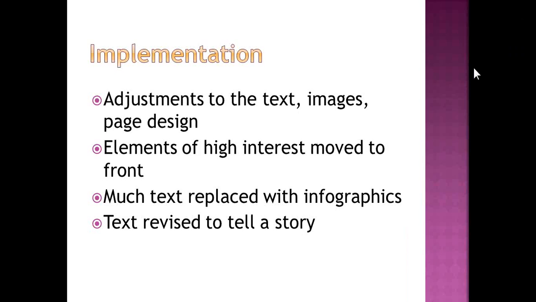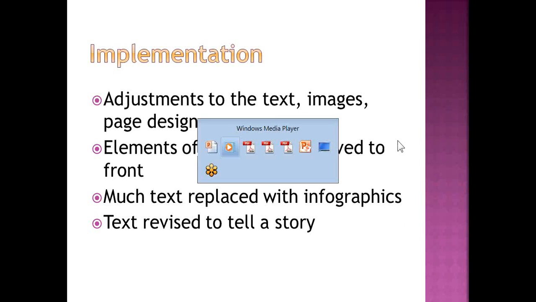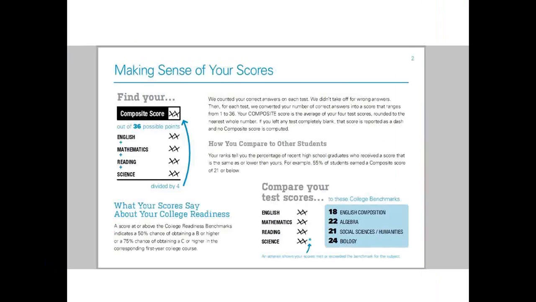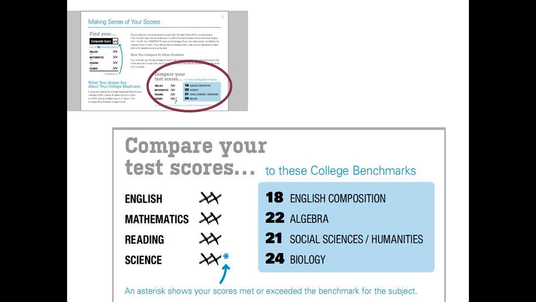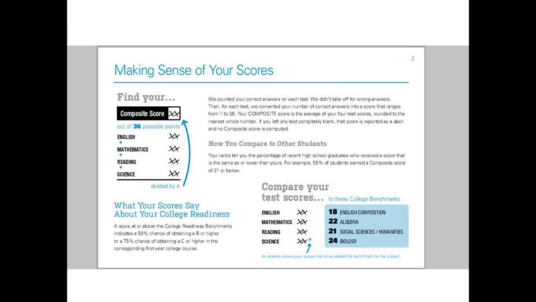So just to show a little bit of where we went in terms of the visuals, I decided to go with some infographics that would take the place of much of the text, and also go with a format that would lend itself to showing the information more in a tabloid form by switching from a portrait to a landscape orientation.